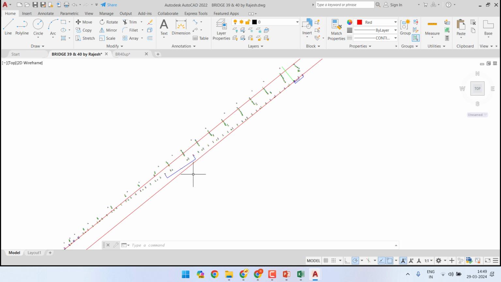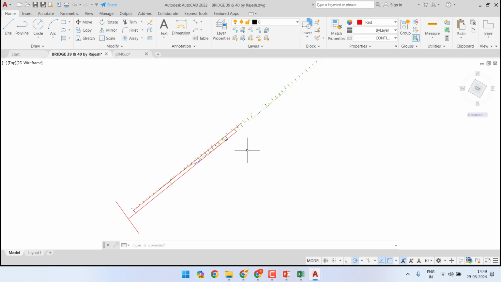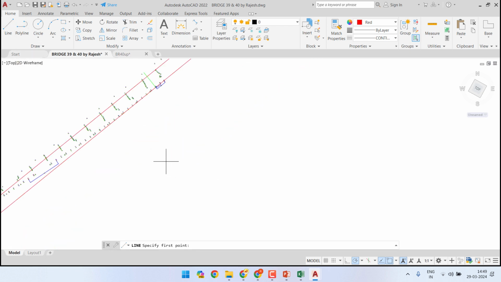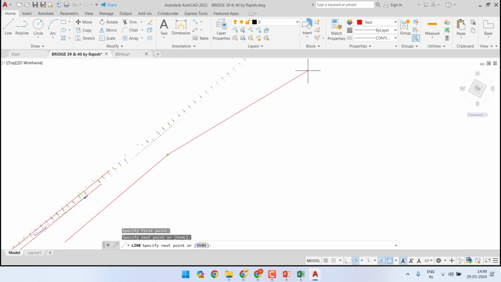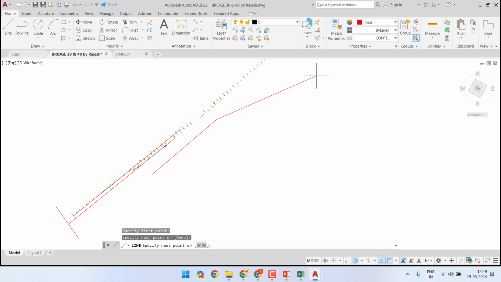So for designing a simple curve, let me first give you an example. Like let's say I have one straight line like this, and there's another straight line like something like this. Alright, exactly not matching, but something like this.